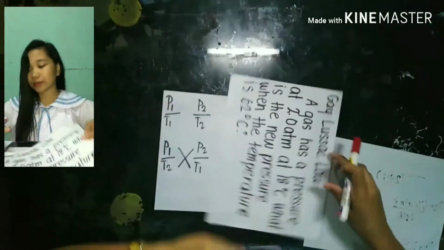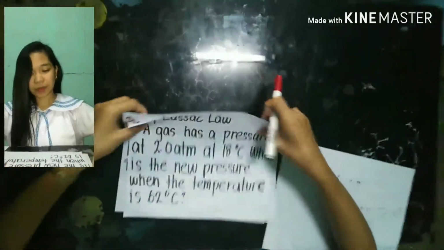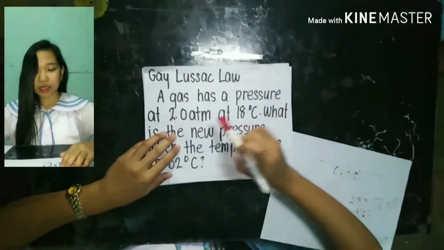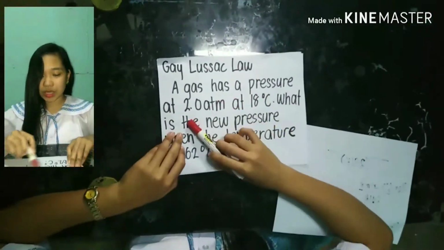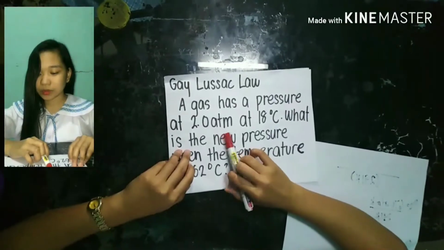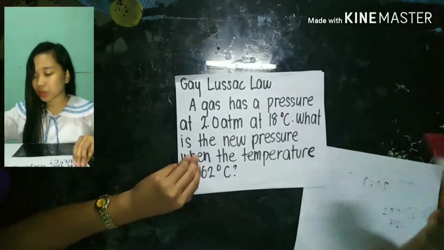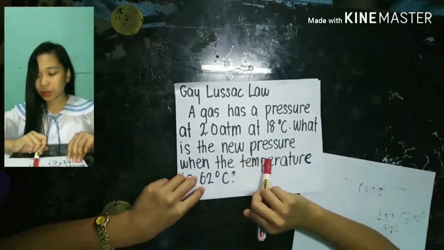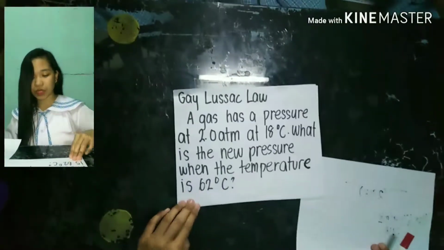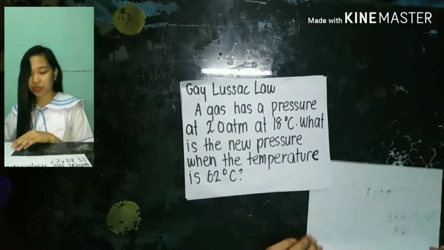So this is the problem of Gay-Lussac. A gas has a pressure of 2.0 atmospheres at 18 Celsius. What is the new pressure when the temperature is 62 Celsius?